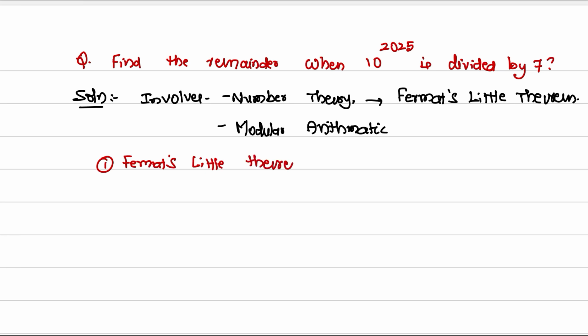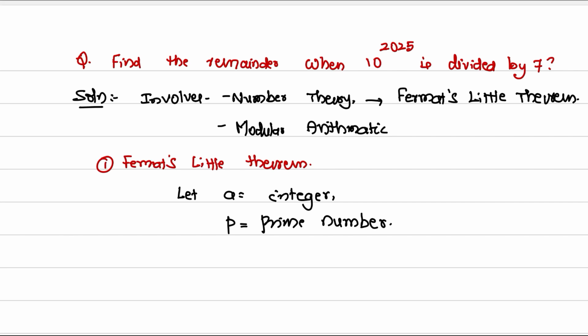What this Fermat's little theorem states is that if a is an integer and p is a prime number. I think prime number you may be knowing.